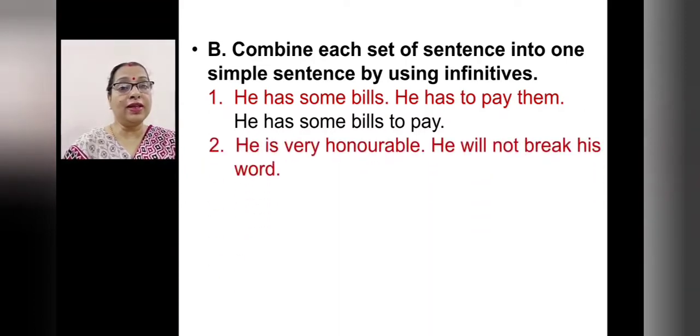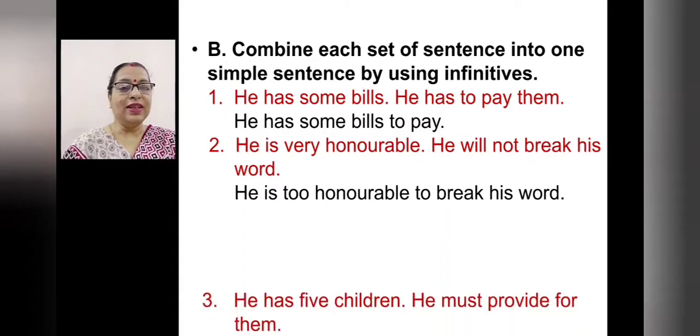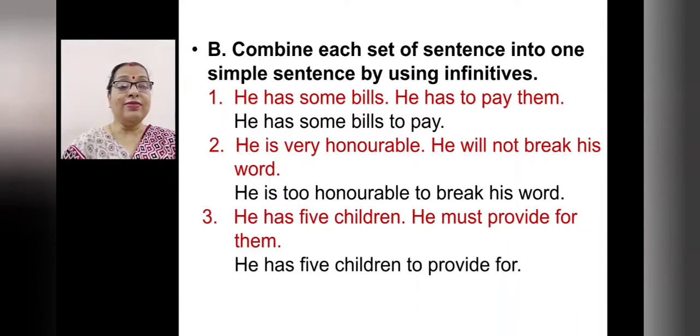He will not break his word. He is too honorable to break his word. He has 5 children. He must provide for them. What will be the answer? He has 5 children to provide for.